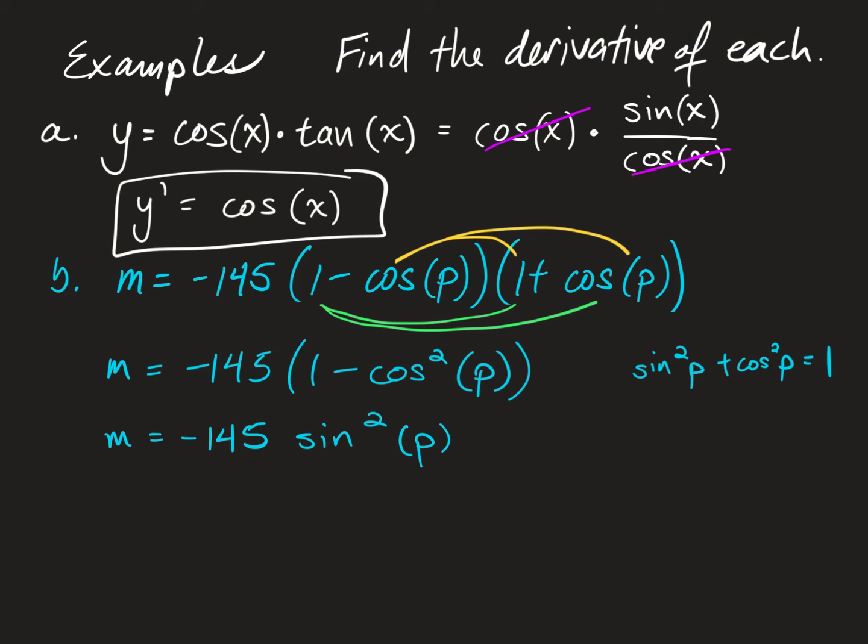From this point, I don't necessarily want to go into how to take the derivative of this function just quite yet, as it requires the chain rule, and I'm going to save that for another video. This example was more or less meant to get you thinking about the Pythagorean trigonometric identities. All right, on to the next example.